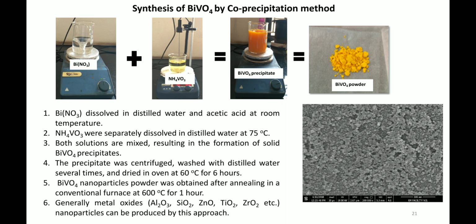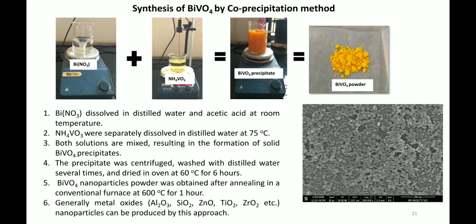When you further wash it and dry it, you get the material in powder form. When you take the scanning electron microscopic image of this material, you can see the scale bar given on this SEM image is 500 nanometer.